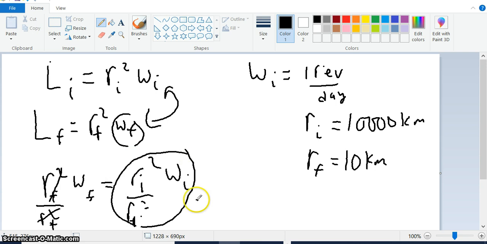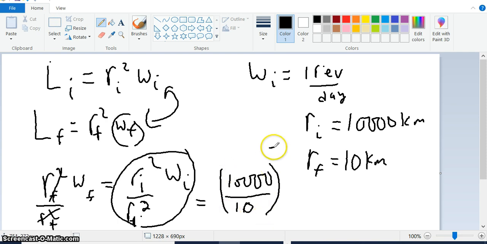All right, so let's put the numbers in. The numerator and the denominator with the r are both squared, so I can just square the whole thing. It's going to be 10,000 divided by 10, and they're both kilometers, so the kilometer part cancels.